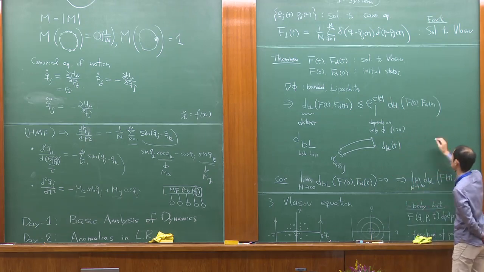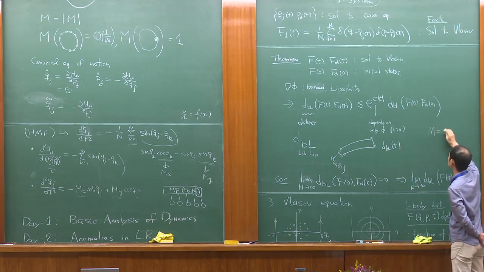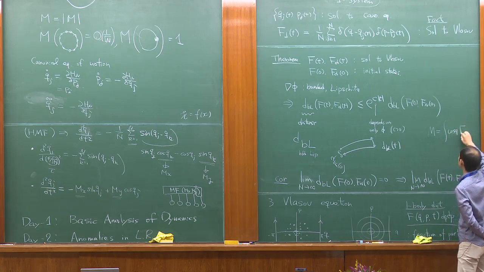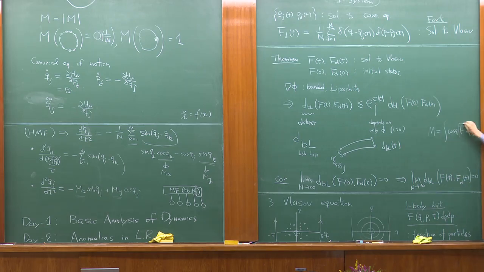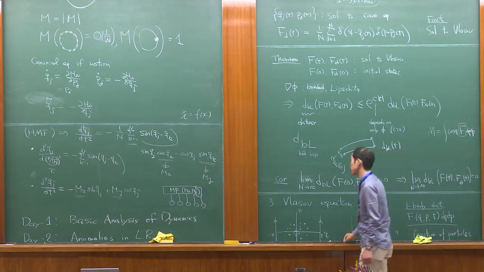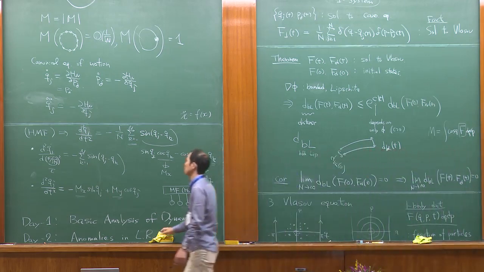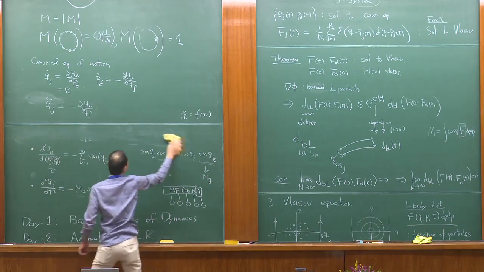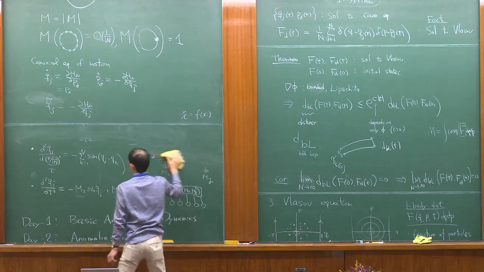For instance, m is the integral of something like this. That is okay, but this theorem is much stronger than the average one. Okay, and then, I have 3 minutes left.